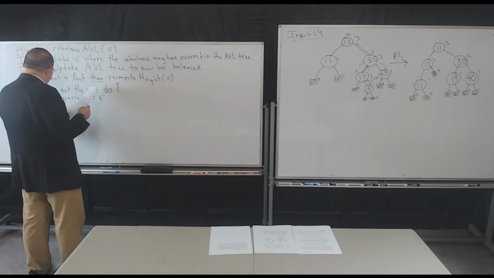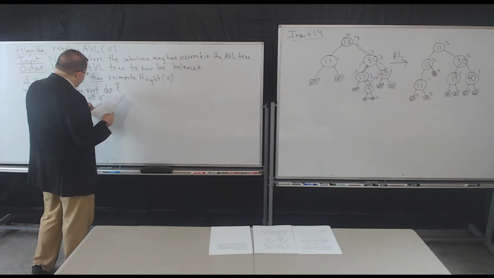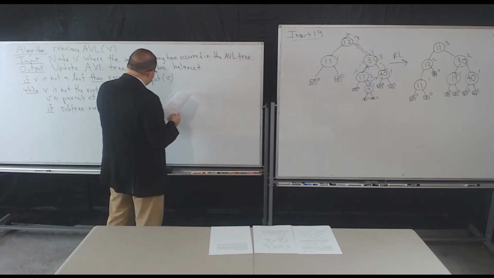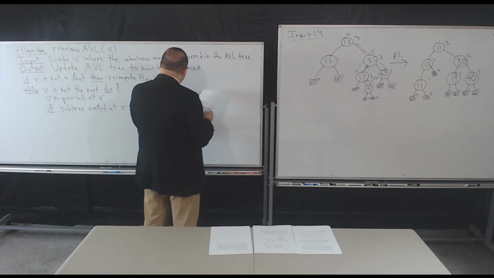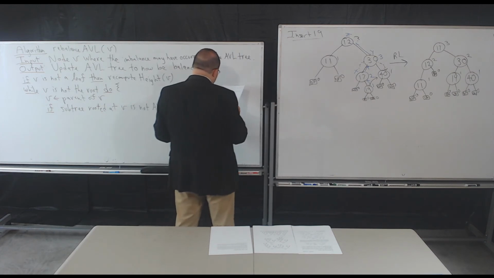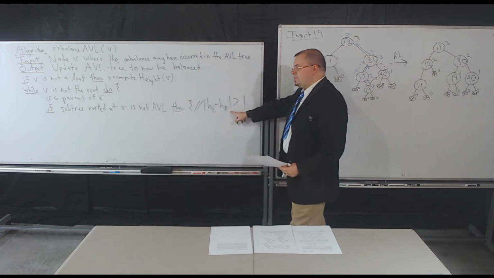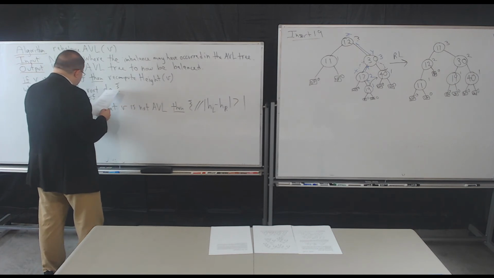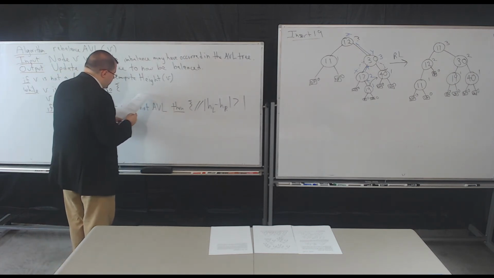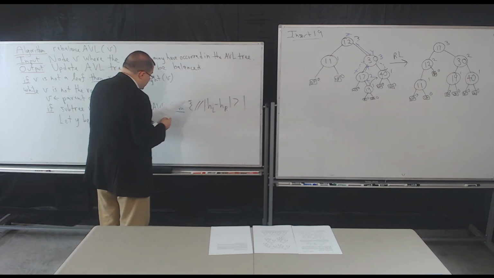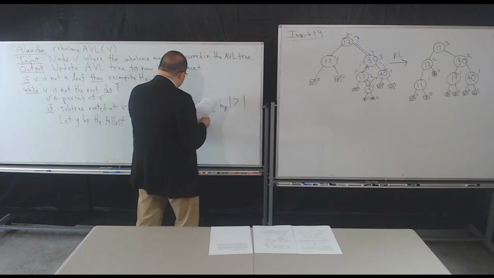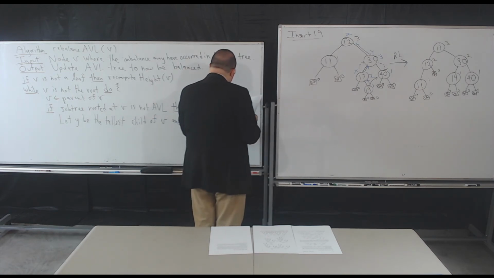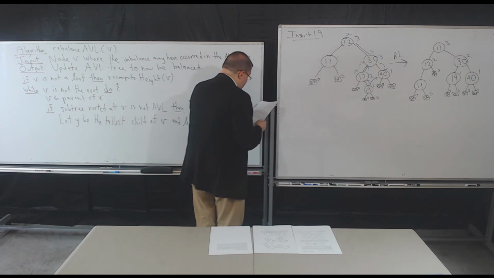If the subtree rooted at V is not AVL, so this is when the heights of the children differ by more than 1, then what I'm going to do is let y be the tallest child of v, and let x be the tallest child of y.